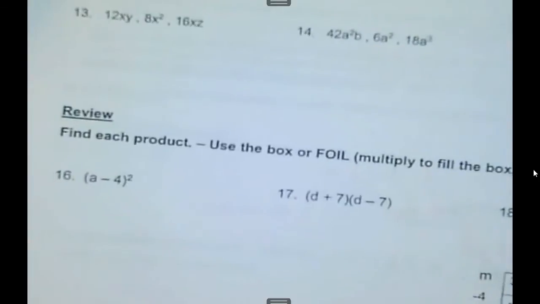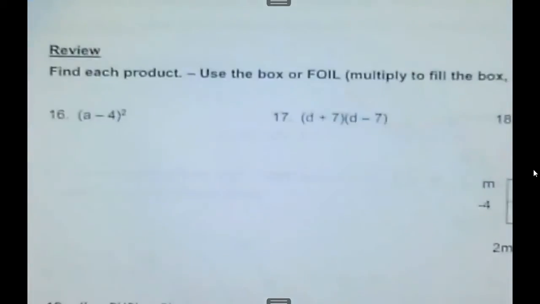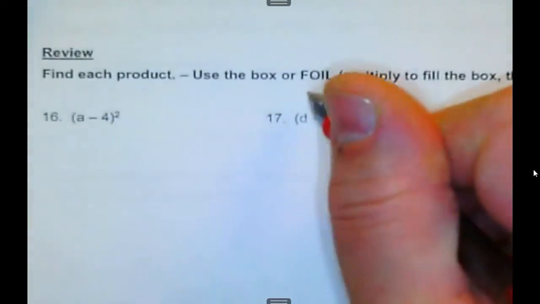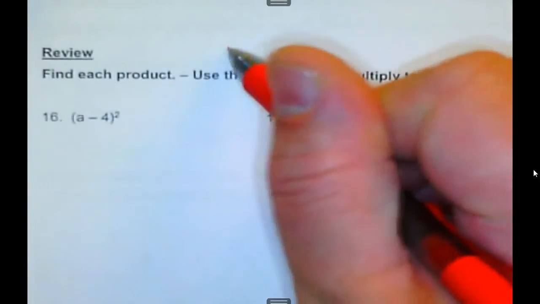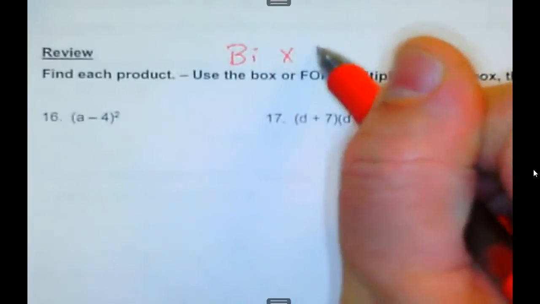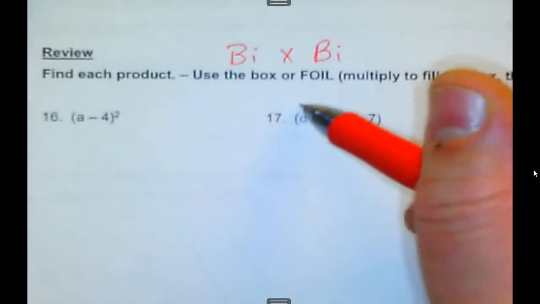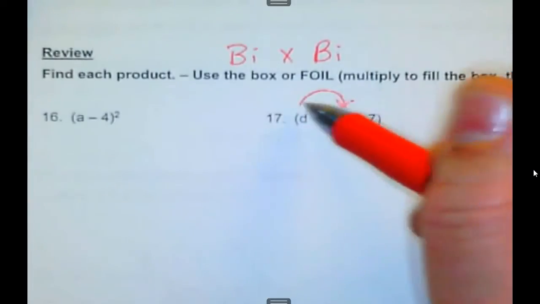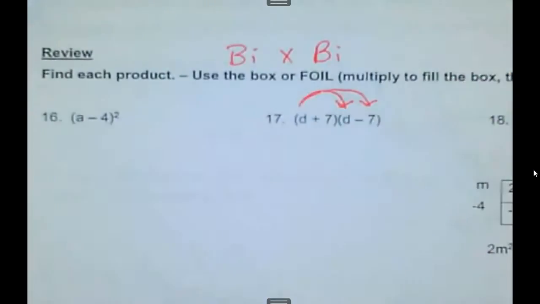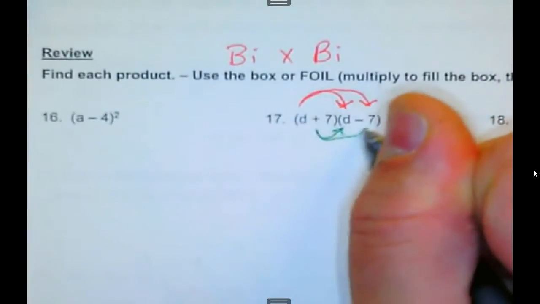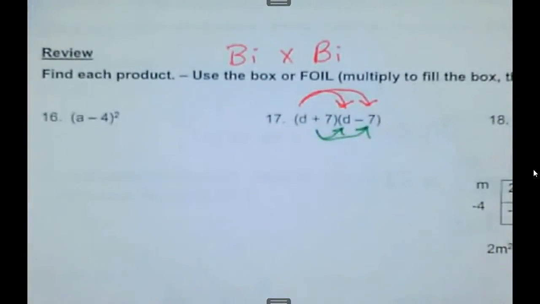Anyway, how do I multiply a binomial times a binomial? We distribute the first term over the parentheses, then we distribute the second term over the parentheses, then we combine like terms. Right, Sergio?